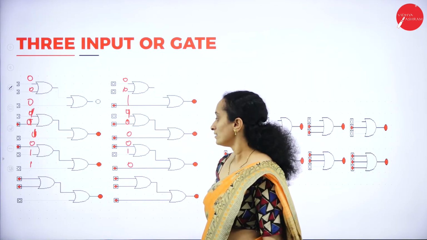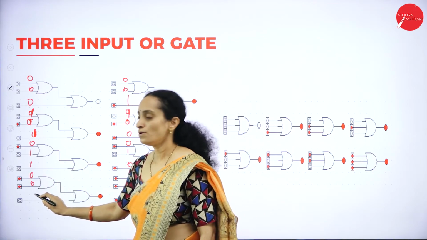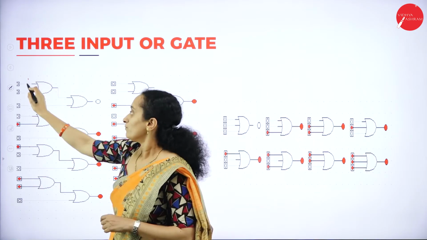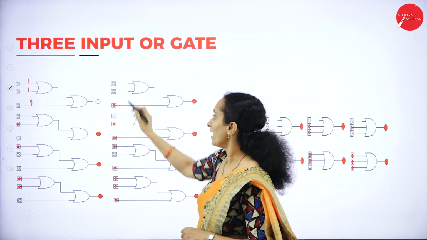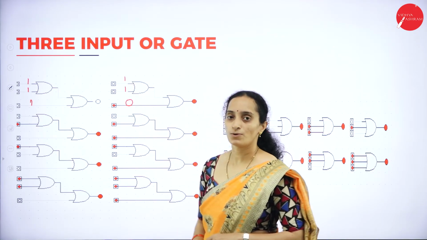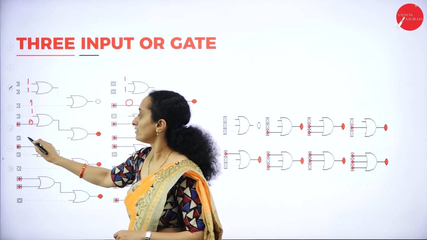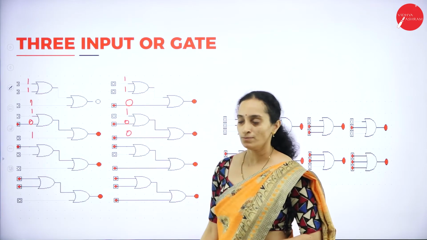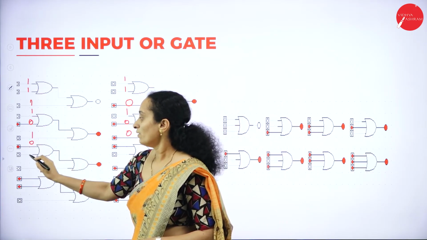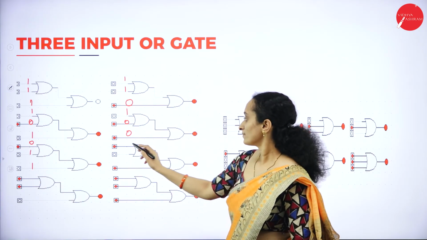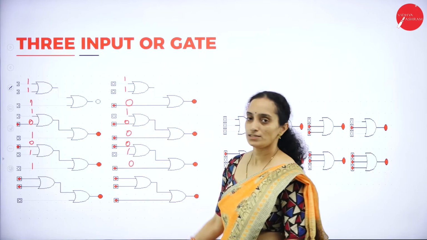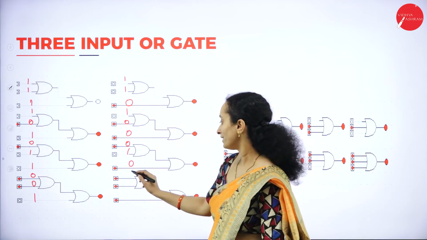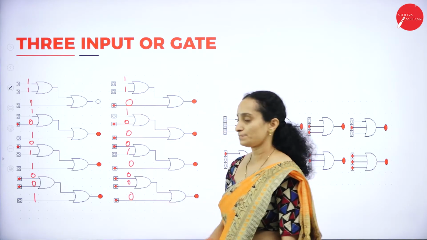Now we have 0, 1, 0, 0, 0, 1 and 0, 0, 0. 1, 1, 1. Then we have 1, 1, 0. Then 1, 0, 1, 1, 0, 0, 0, 1, 1. Then we have 0, 1, 0, 0, 0, 1 and all zeros.